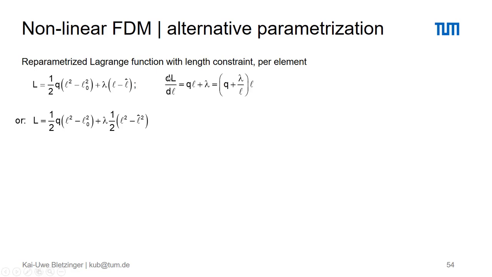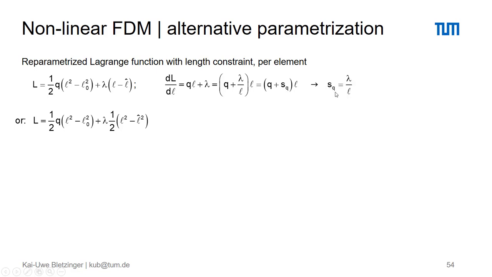If we now take the derivative of the Lagrange function with respect to the length L, then we receive this expression, and there you identify the modifier of the force density as the ratio of the Lagrange multiplier by the actual length. This modifier we will now call s_q, the modifier of the force density.